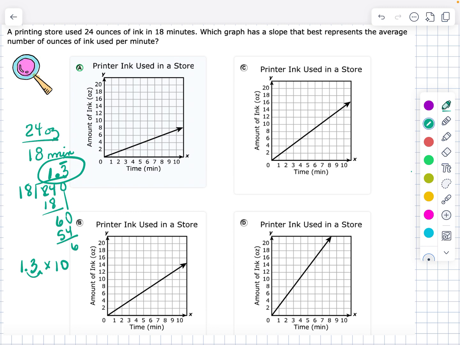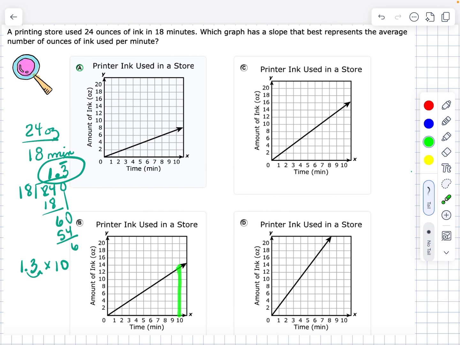So I can look at all these graphs. Let's just start with A. In 10 minutes, that's only 8 ounces of ink. In 10 minutes, this one is right there. That's about 15 ounces of ink. This one, I go up, it's a little less than 14.